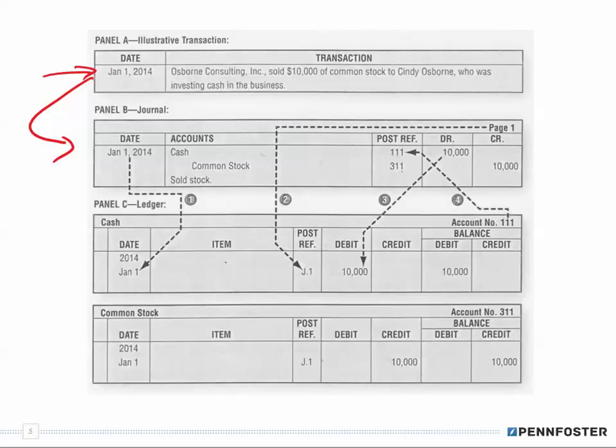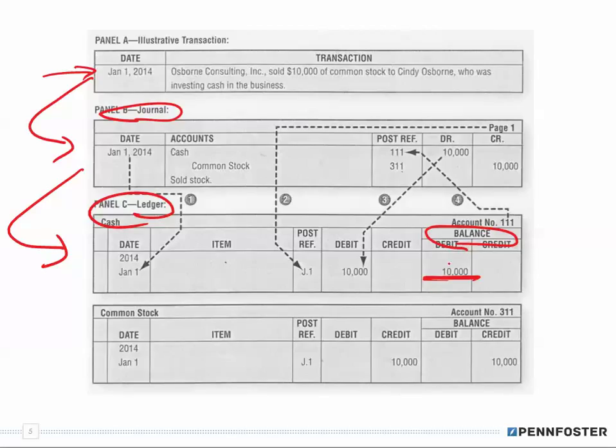Whenever we decide to post our journal entries, whether it's daily, weekly, immediately, the most important thing is that when we get to the end of the accounting period, we have to go through and make sure all of our journal entries are posted into the ledger accounts. The reason why is because at the end of the accounting period, we want to know what the balance is in those accounts.